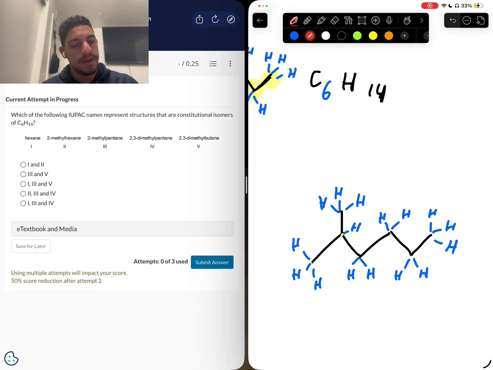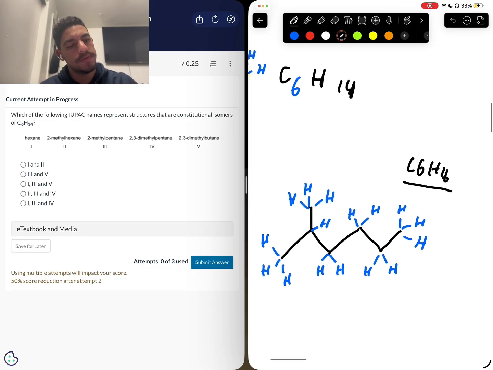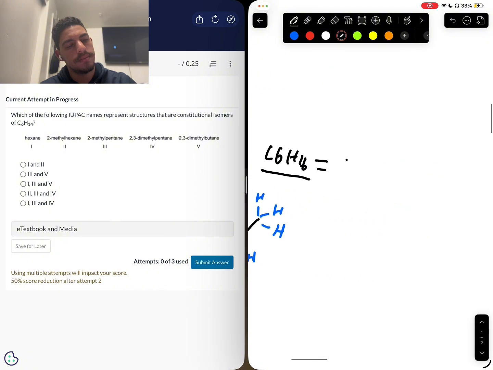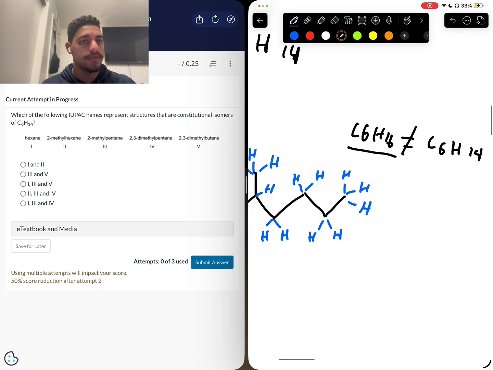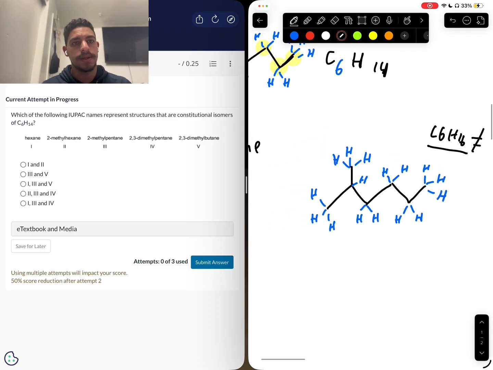So now we have 3, 6, 7, 8, 9, 10, 11, 12, 13, 14, 15, 16. This would be C6H16. So that is not C6H14. So this is not a constitutional isomer. This is a completely different molecule altogether.